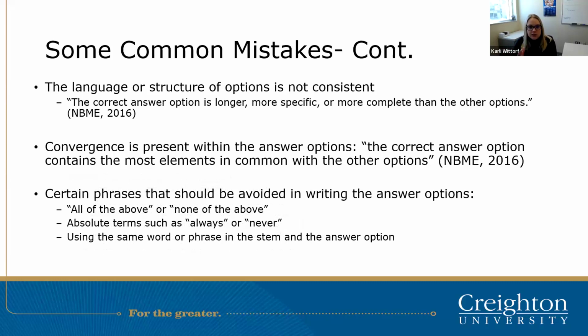Also avoid using the same word or phrase in the stem as in the answer option, because it can cue the student: if one of those answers has similar wording to the question, it's easy to pick that out without actually knowing the content.